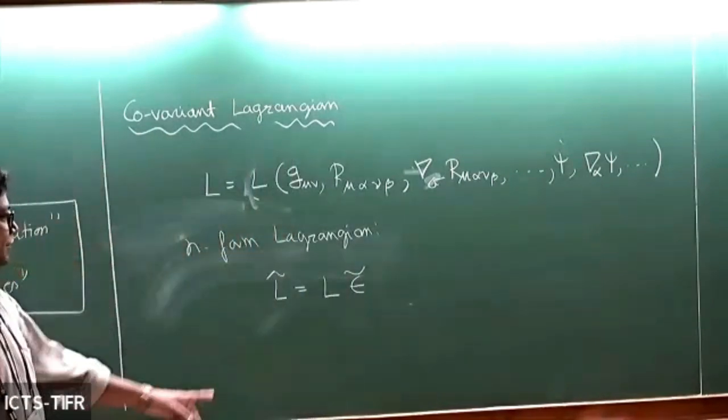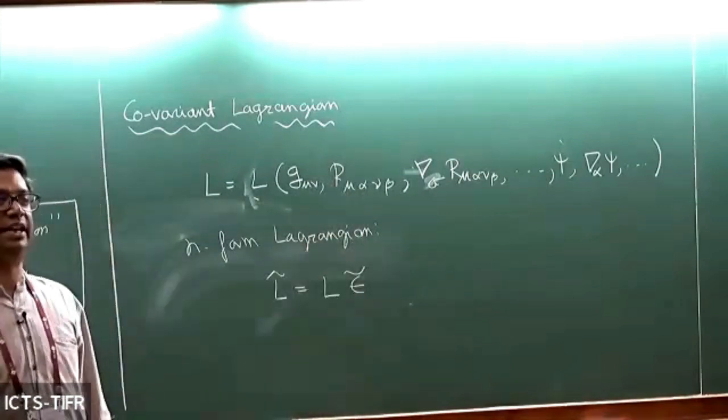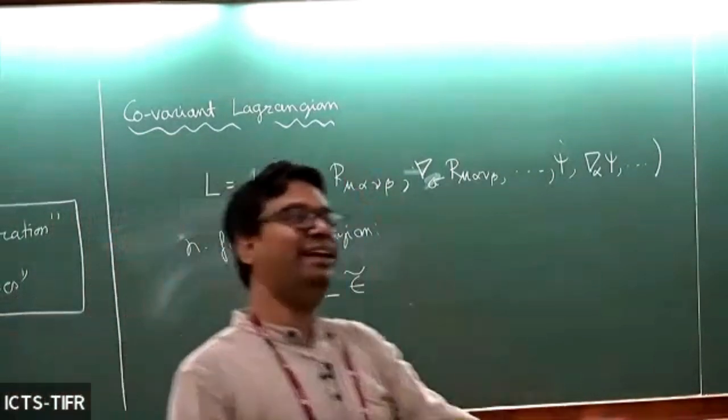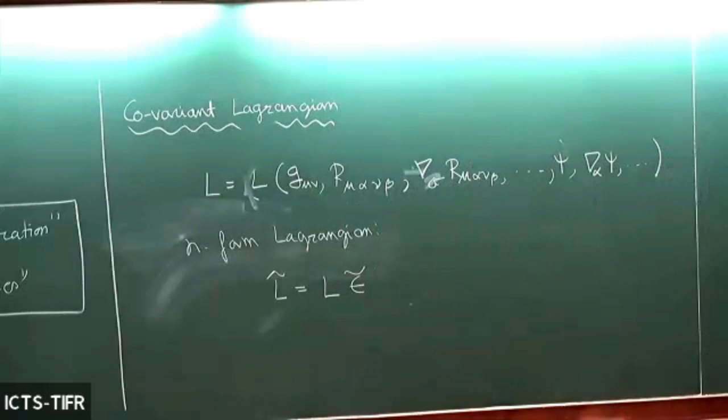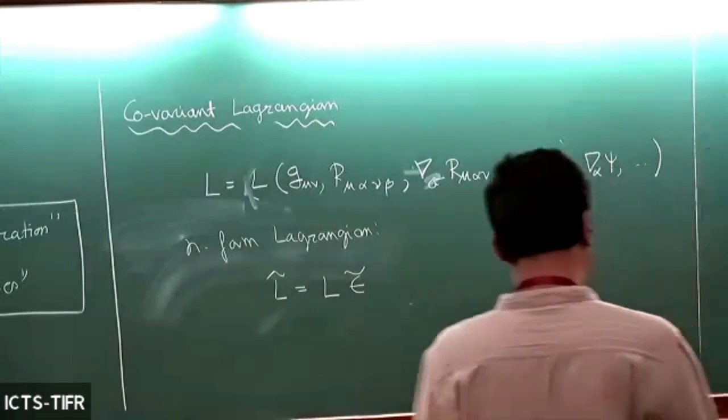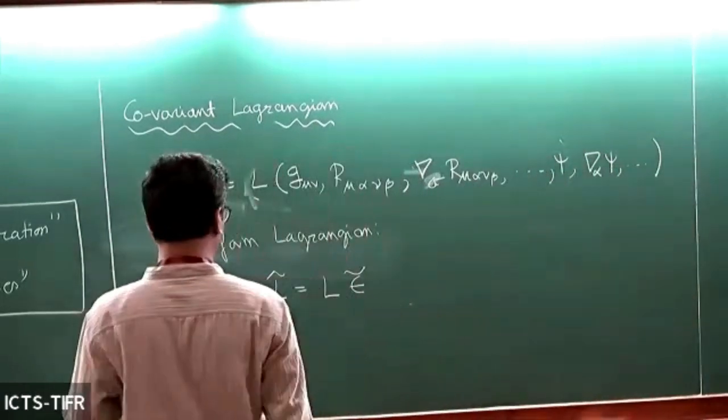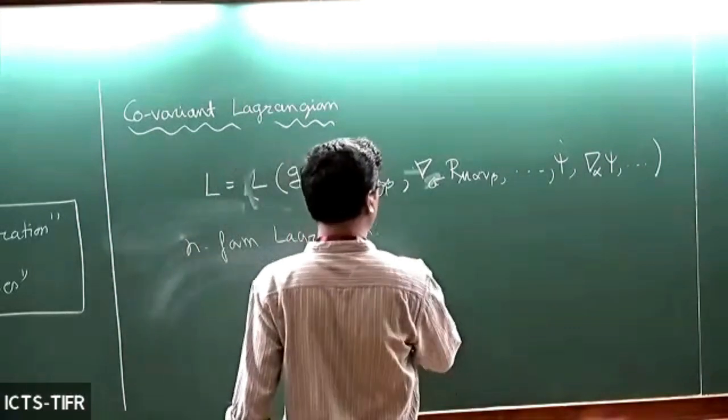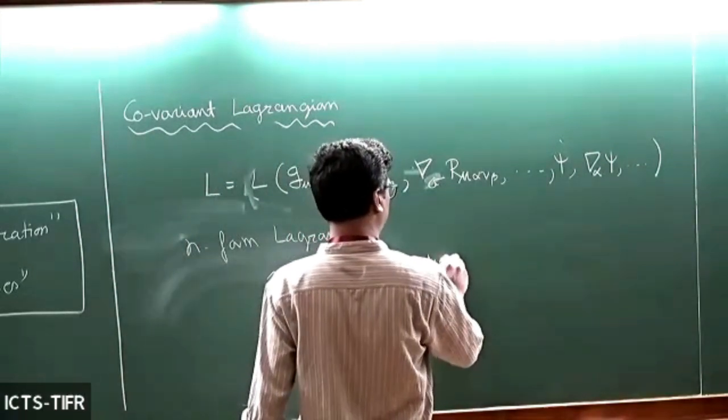Whenever there is a form, today I put a tilde sign on it, because there are scalars also in my theory. What is this sigma tilde? So sigma tilde is what is called the volume N-form.